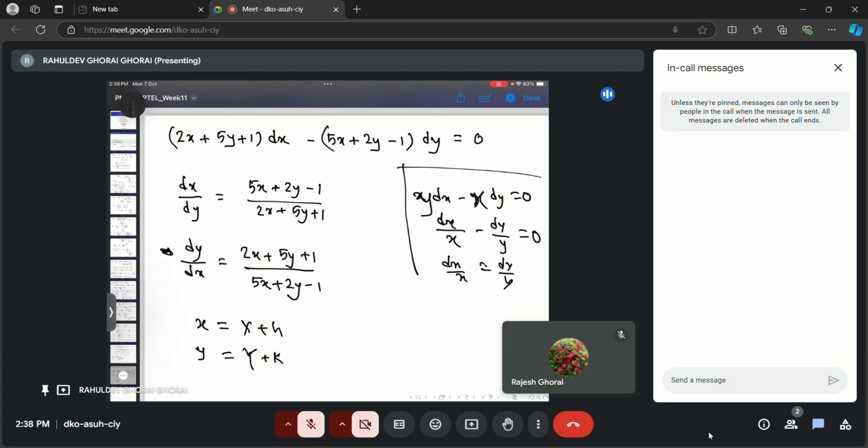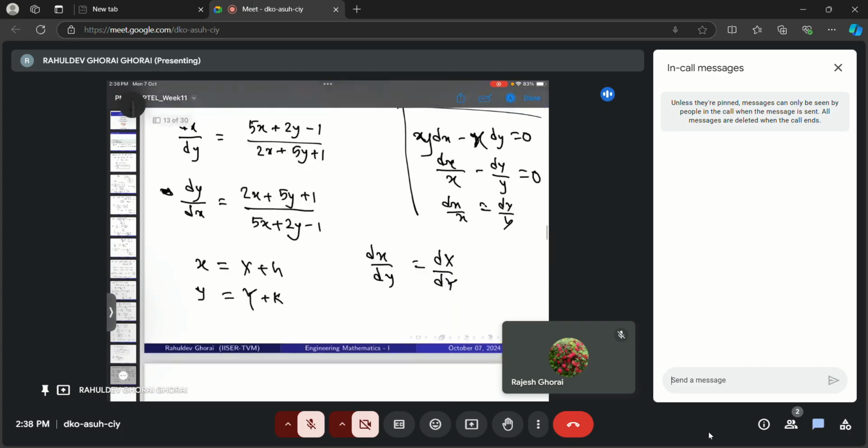If you do this transformation, then dy over dx, you can write as dy over dx. That won't change.